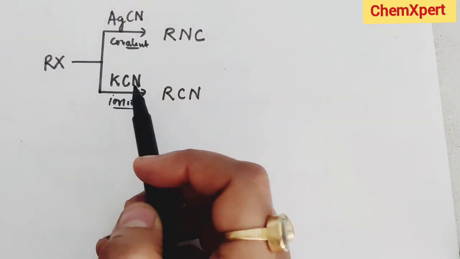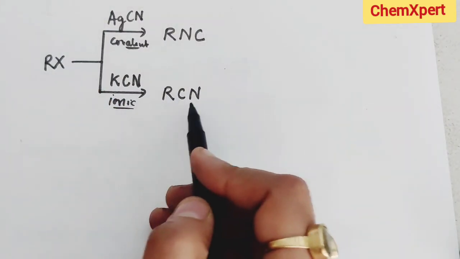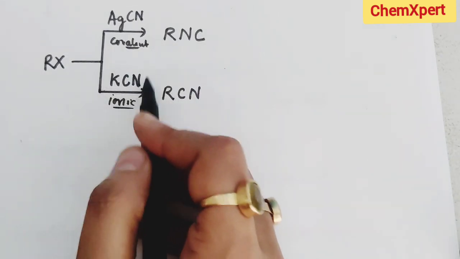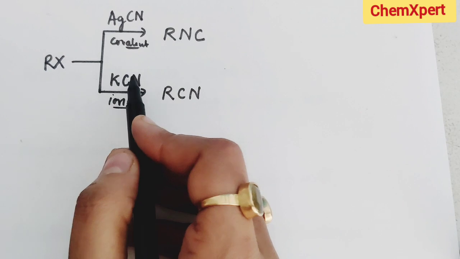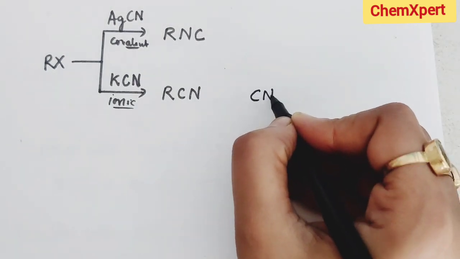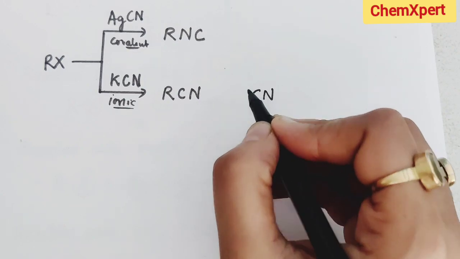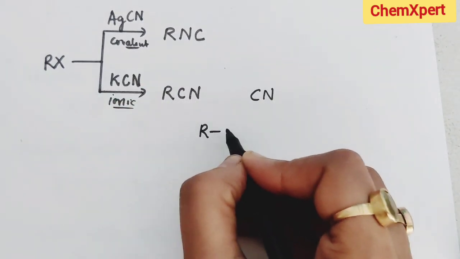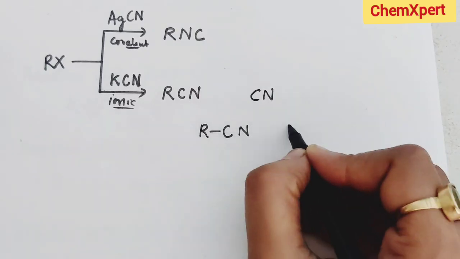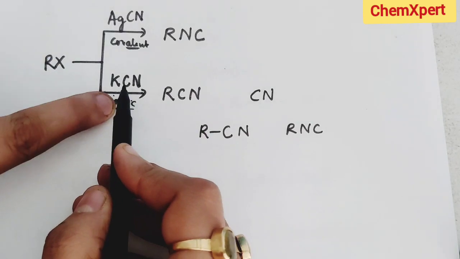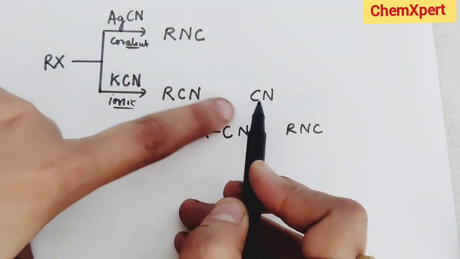But in case of KCN, it forms RCN, that is cyanide here. Why did this happen? Because KCN in solution easily gives cyanide ions. Now in case of CN, both nitrogen and carbon are available for reaction, but the bond formed by R-C is more stable than R-NC. Again I am repeating, in case of KCN, cyanide ion is present in the solution.